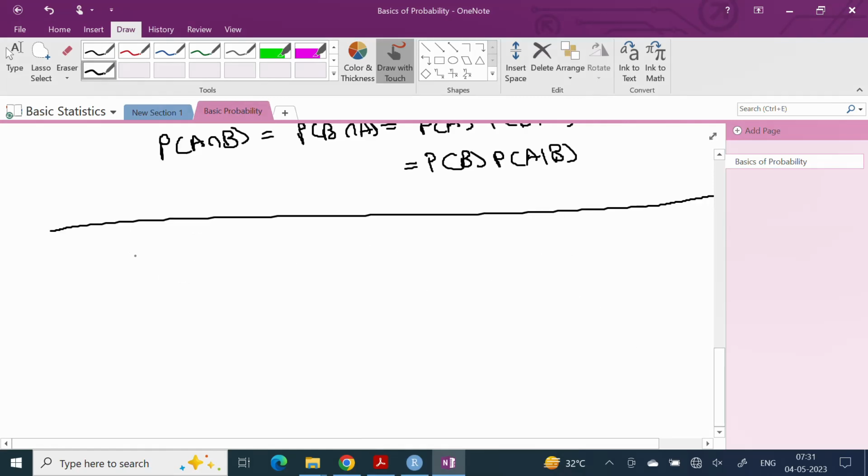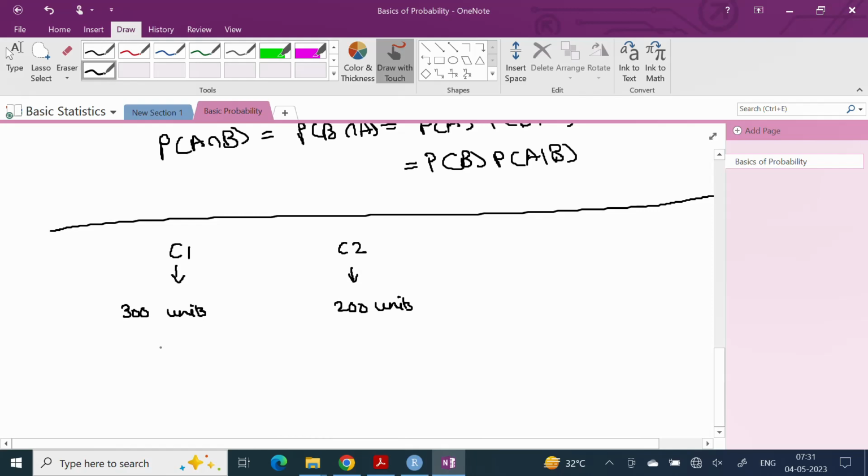Now let me consider an example. Suppose we are a manufacturing company and we are getting supplies from two different companies, C1 and C2. From company C1, suppose we have ordered 300 units of raw material, and from company C2, suppose we have ordered 200 units of raw material.